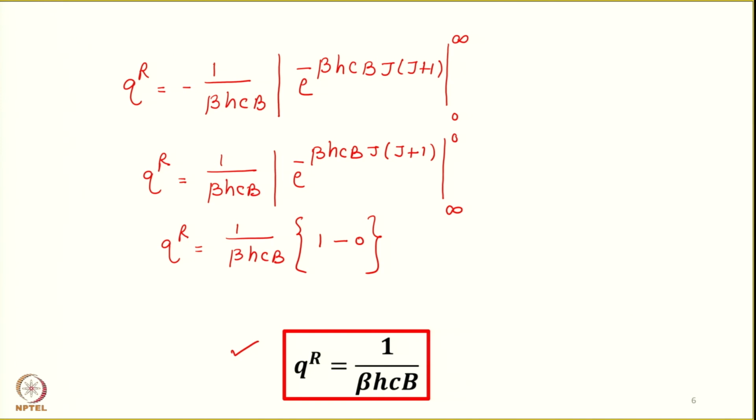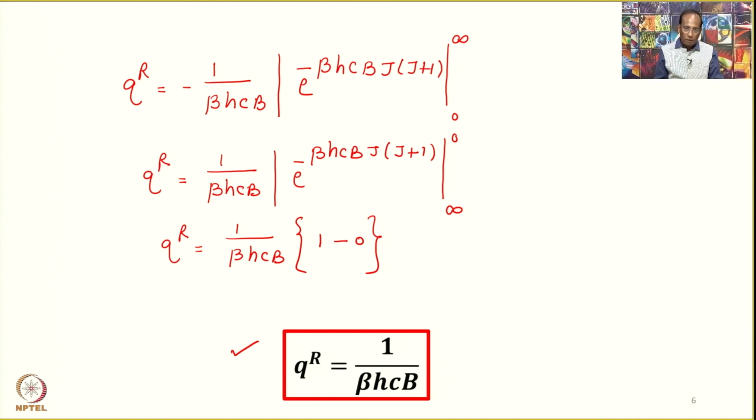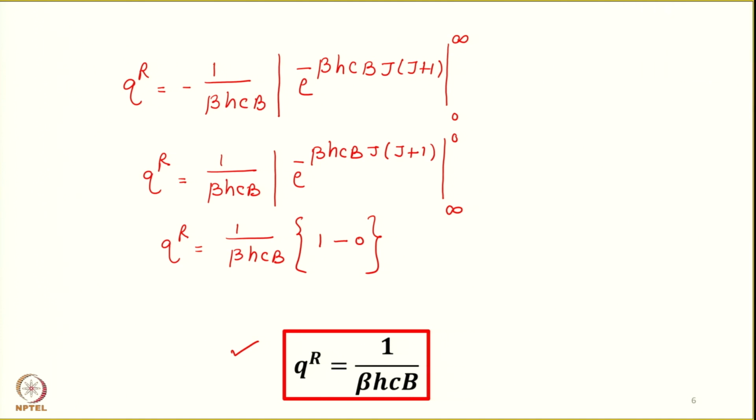This is the expression for the rotational contribution to the partition function for a non-symmetric linear rotor, where the type is AB, like HCl, HBr, CO. What form it takes for a symmetrical linear rotor we will discuss a bit later, but first let us have some further discussion based on this expression.